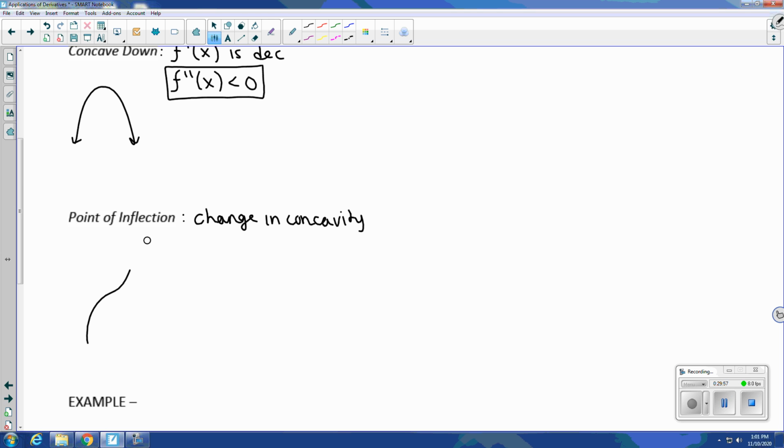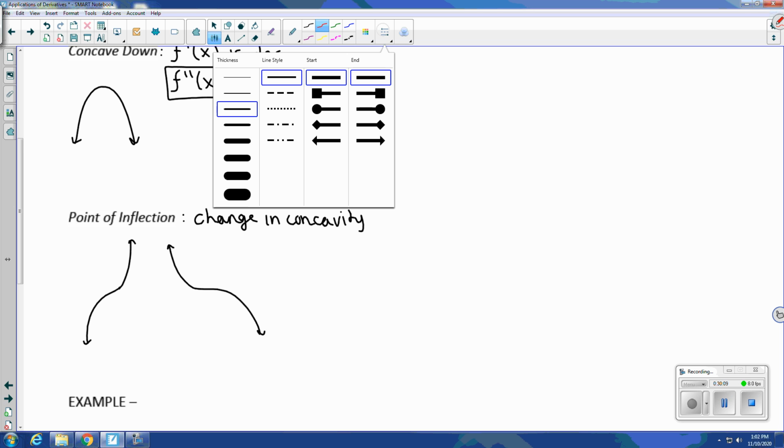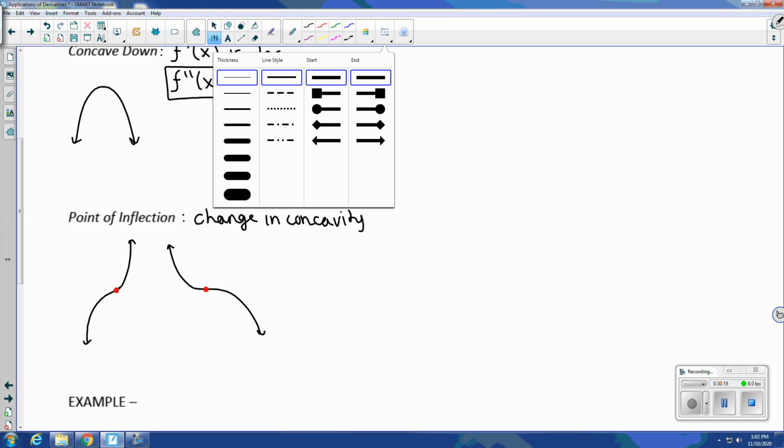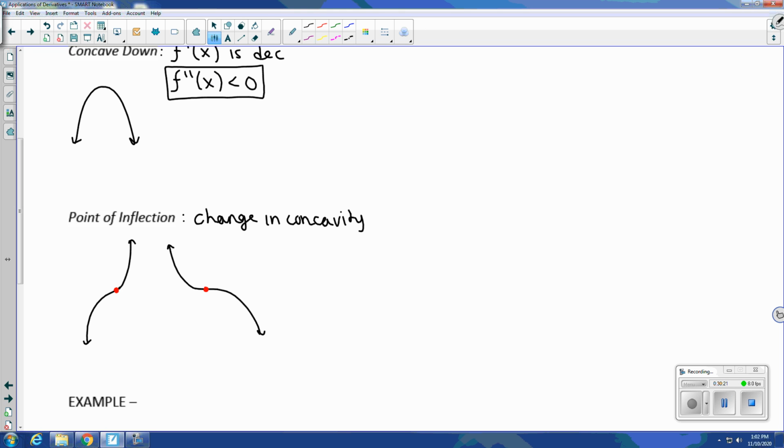Oh, poorly drawn. Or concave up to concave down. That transition point in concavity is our point of inflection. So something like right here, or right there.